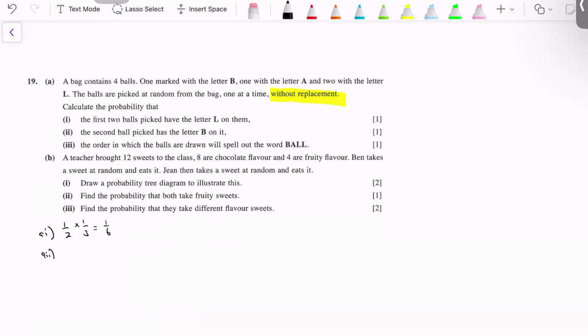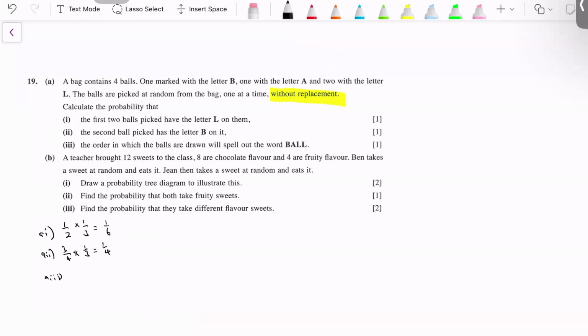A part 2, that the second ball picked has the letter B. So in this case, the first ball must not be letter B because it is being removed after it is picked. So the first ball not being letter B is 3/4. And the second ball being letter B is 1/3. So in this case, the probability is 1/4.